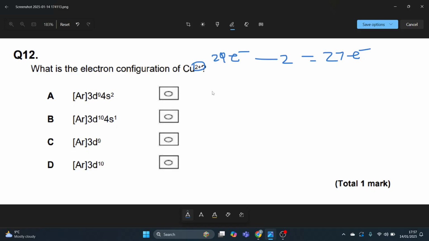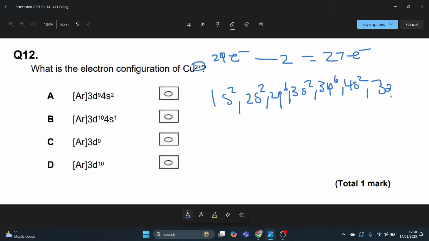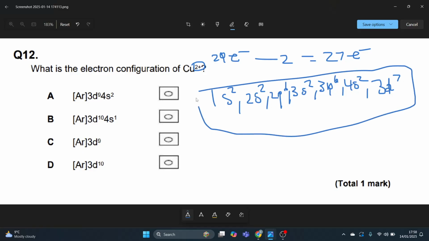So now if I try to do this: 1s2, 2s2, 2p6, 3s2, 3p6, 4s2, 3d7. Okay, that's the electron configuration of Cu2+.